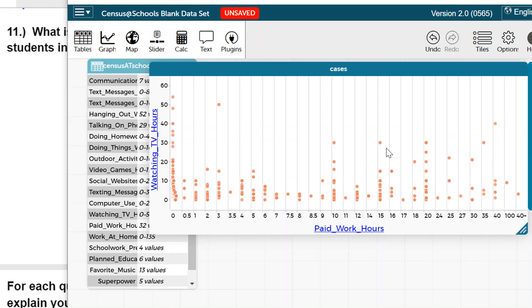And we're noticing some, like here's one. They work 15, but they watch TV for 30. They work for 20, but they watch TV for 30. I find myself questioning that, because if they are, they're not doing any schoolwork whatsoever. They are flunking out.